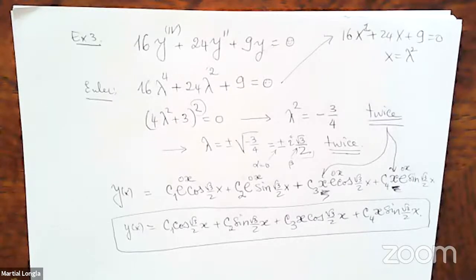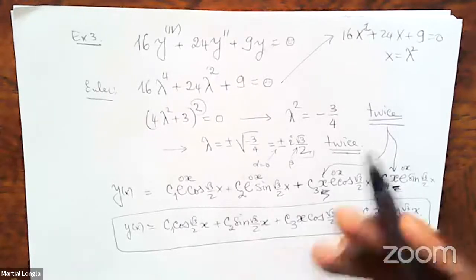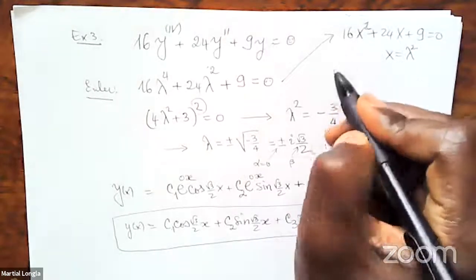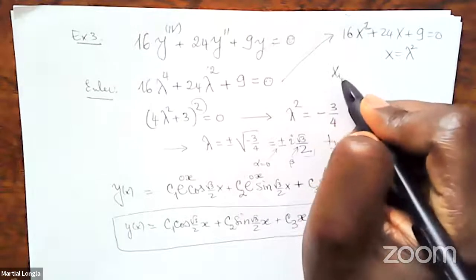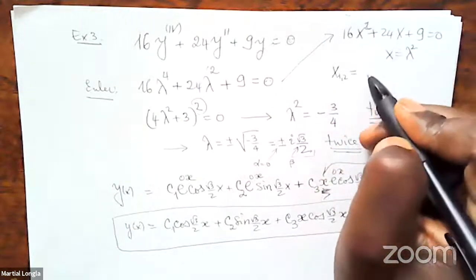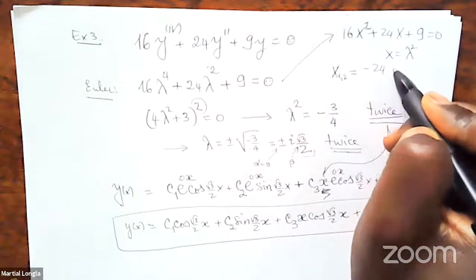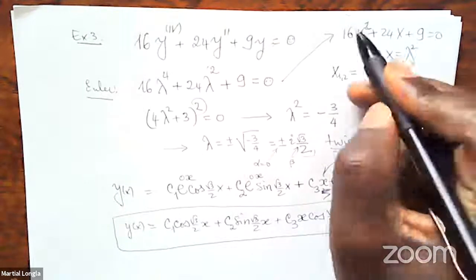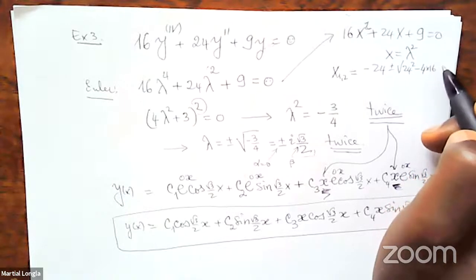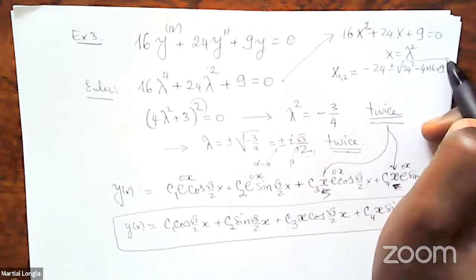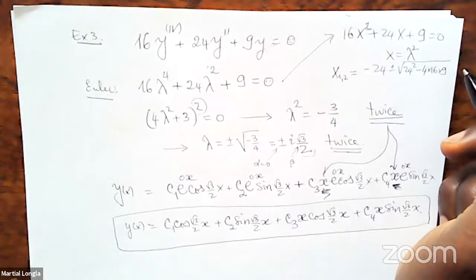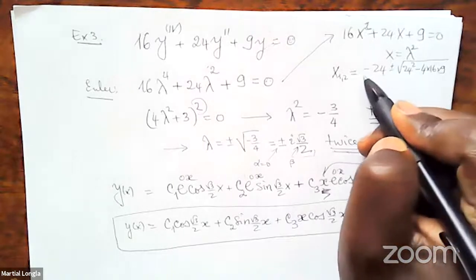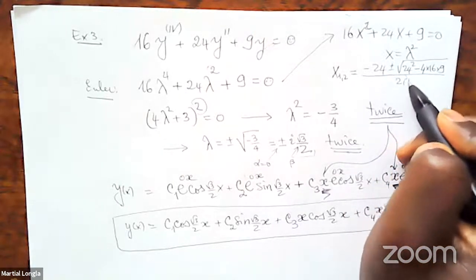And when you solve that, you get x 1, 2 equals minus 24 plus or minus the square root of 24 squared minus 4 times 16 times 9, divided by 2 times 16.